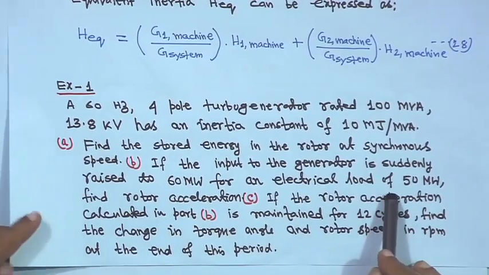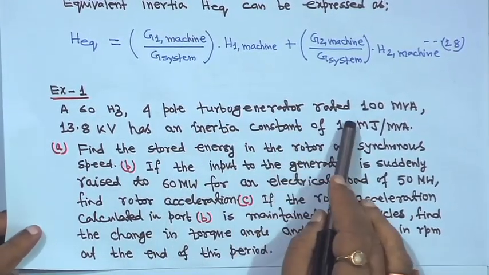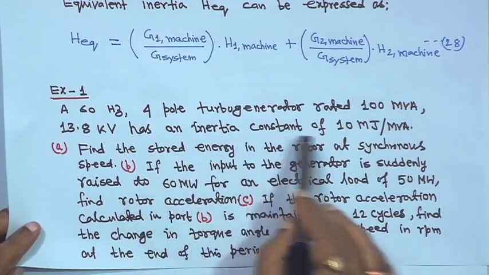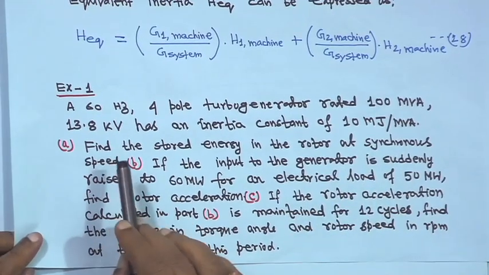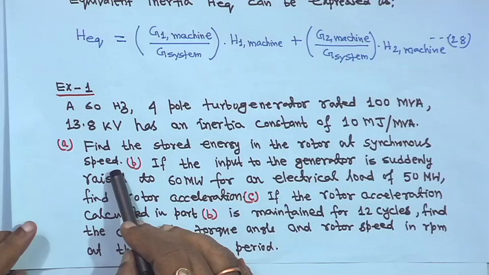Say, the first example: a 60 hertz 4-pole turbo generator rated 100 MVA, 13.8 kV has an inertia constant of 10 megajoule per MVA. You have to find out what? A, find the stored energy in the rotor at synchronous speed.